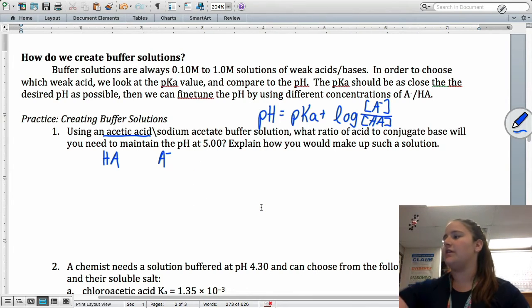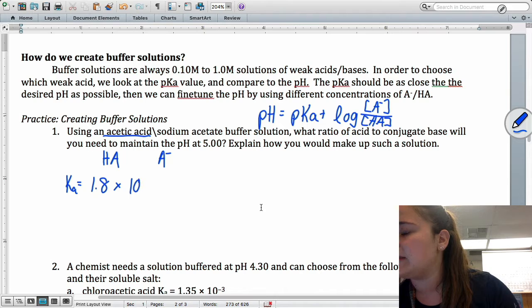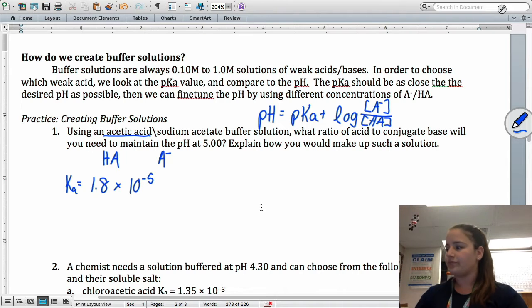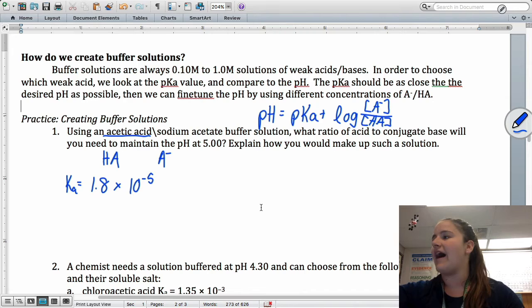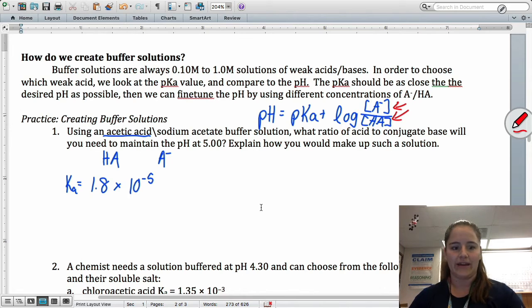Other information that we need to know: the Ka of acetic acid is 1.8 times 10 to the negative 5. Now it wants to know the ratio of acid to conjugate base we need to maintain the pH at 5. So it's looking for this ratio right here.